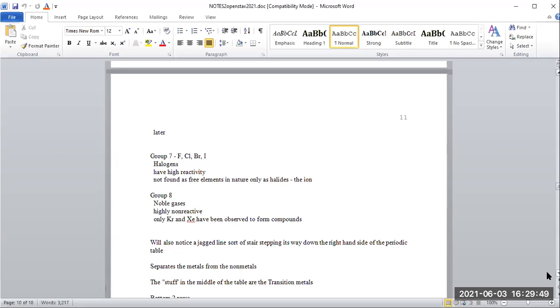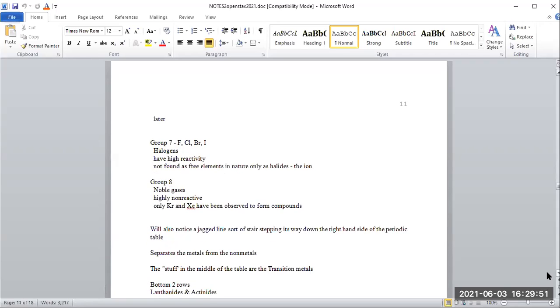And then we jump over to the final right-hand column, which is the noble gases. We have helium at the top, and they go from helium, neon, argon, krypton, xenon, back down to the radioactive end of things, which is radon. Most of those are very, very non-reactive.